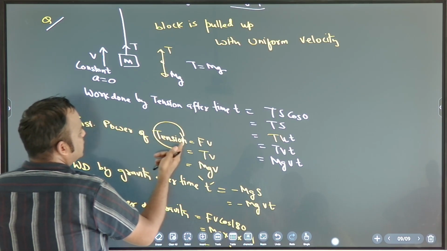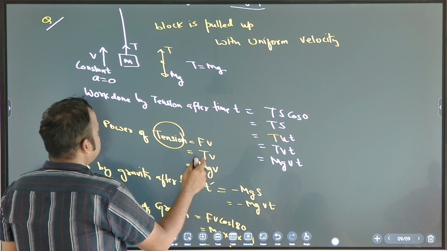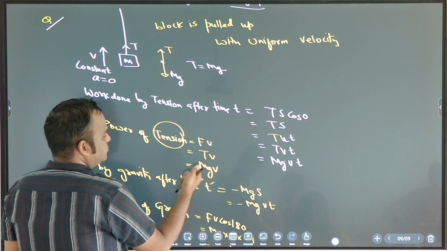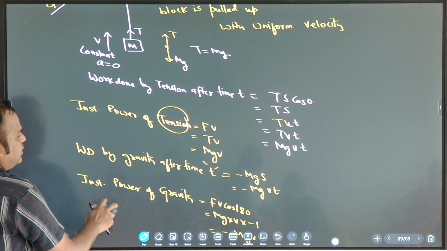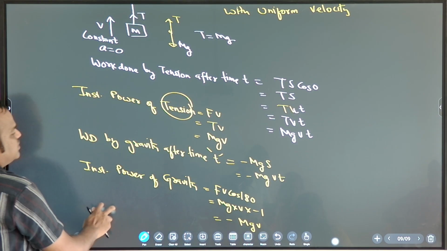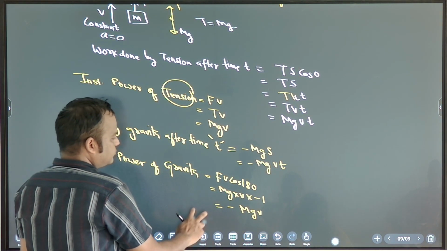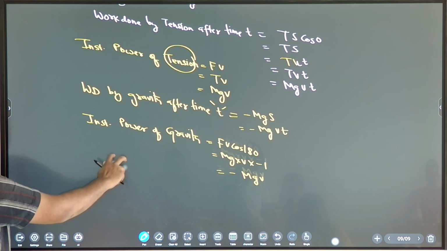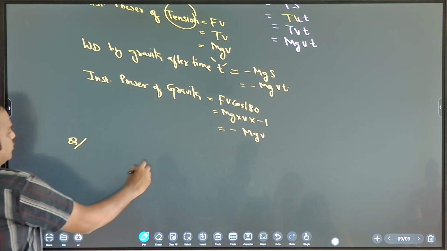Instantaneous power of tension is Fv, positive, so Tv, which is mgv. Instantaneous power of gravity is minus mgv. Okay, clear. Now you solve the next question.